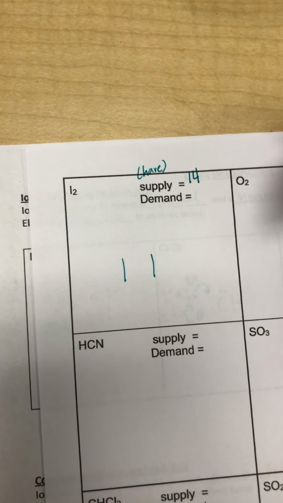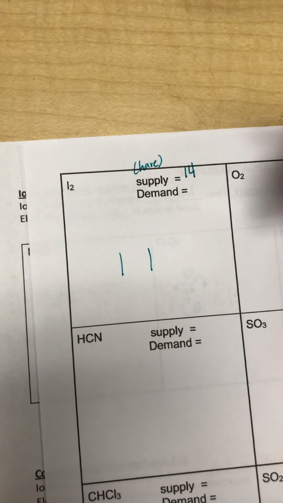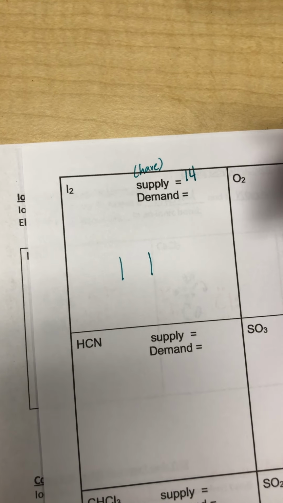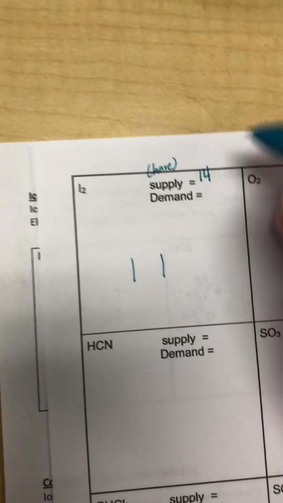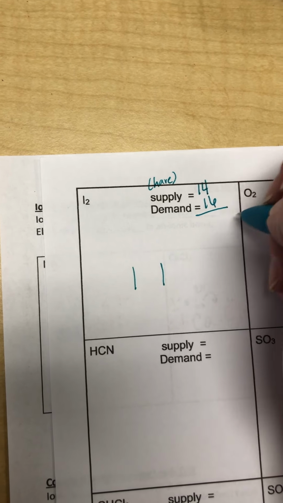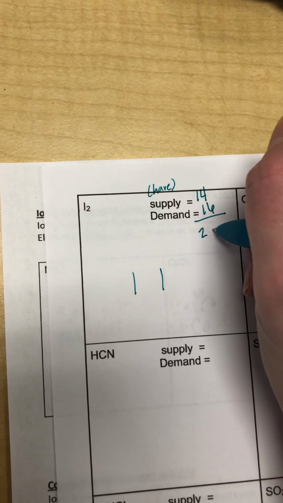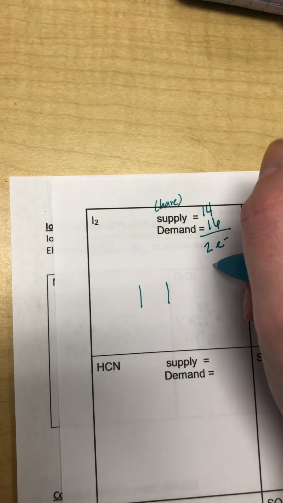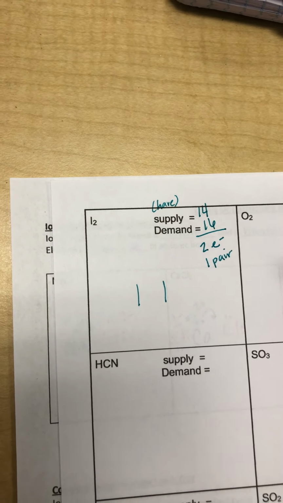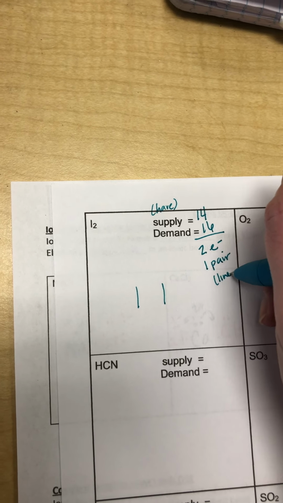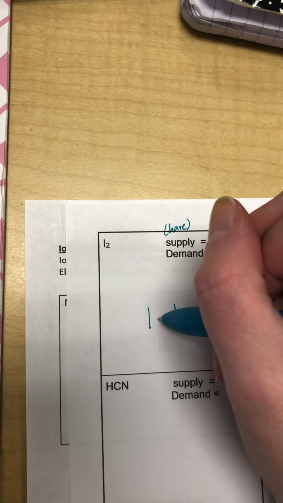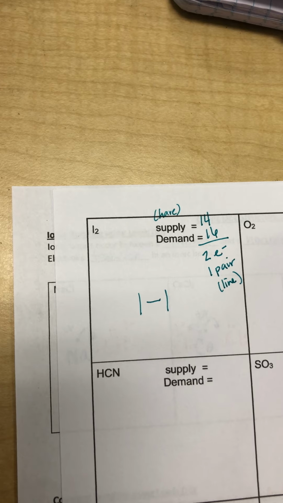Okay, my demand, so if they both have 8, right, and there's 2 of them, that would be 16. Okay, so when I subtract, I end up with just 2 electrons, which is just 1 pair. Okay, so that 1 pair, that tells me just 1 line. So I'm just gonna have a line here, okay?